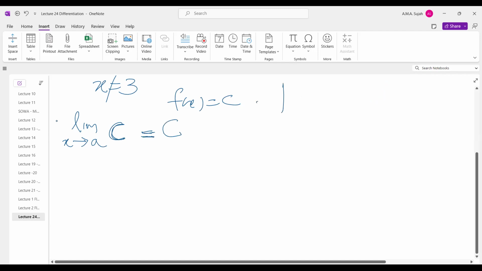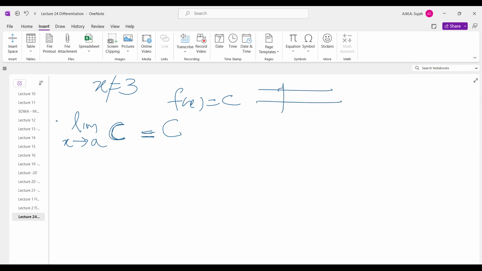It means the graph is y is equal to c. So the limit as x approaches 3 of 5 is 5. The limit value is 5.